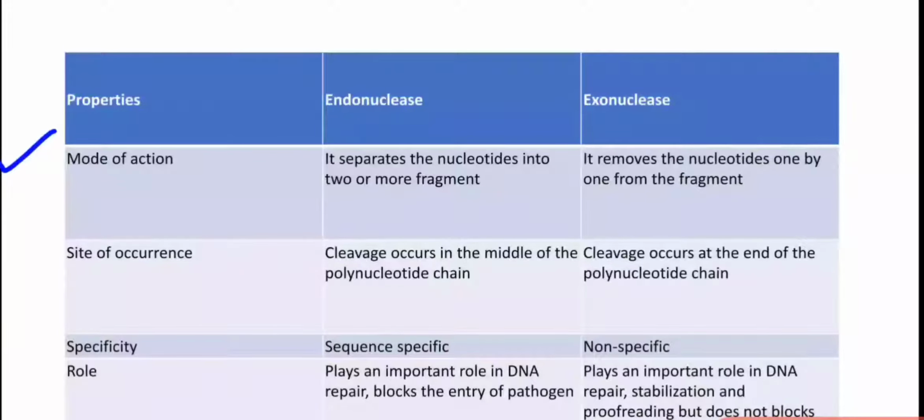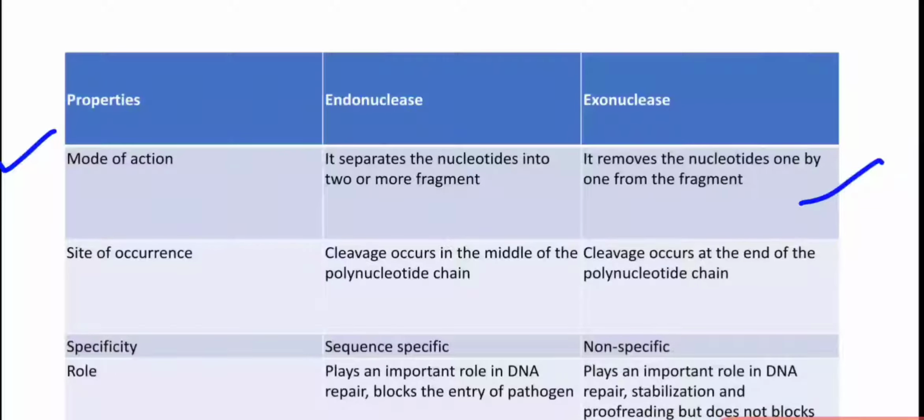Whereas exonucleases remove the nucleotides one by one and form fragments from the ends of the DNA molecule. These enzymes cut the DNA from the ends. Therefore, here it is written, they remove the nucleotides one by one and result in the formation of fragments.